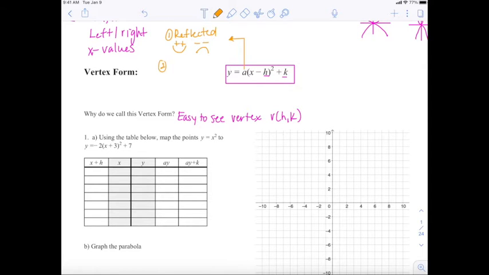The second thing it tells us is if it's compressed or stretched, or neither. We can do that by looking at the magnitude of a. The k value tells us about the vertical translation, and that's up or down.